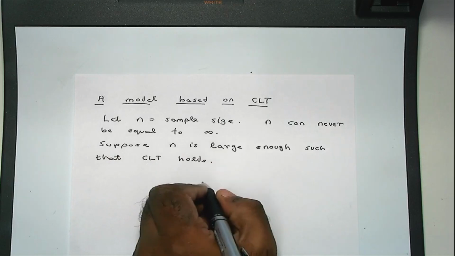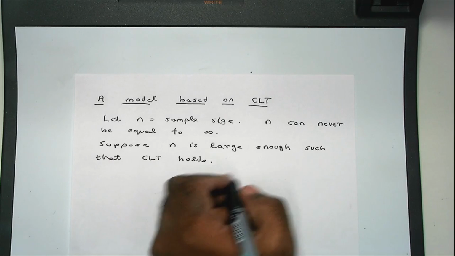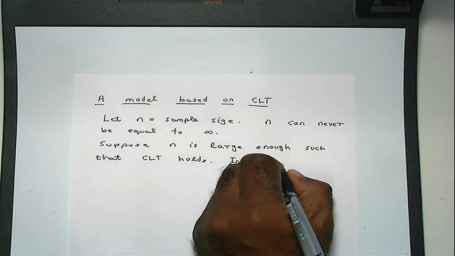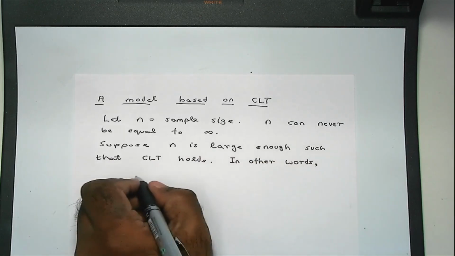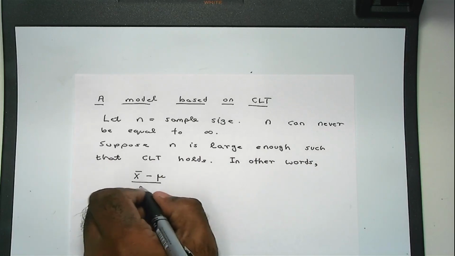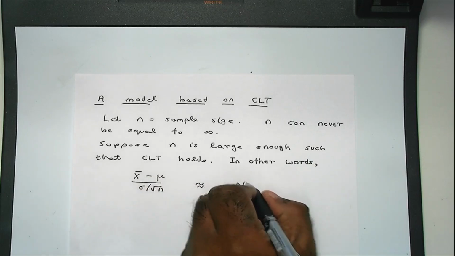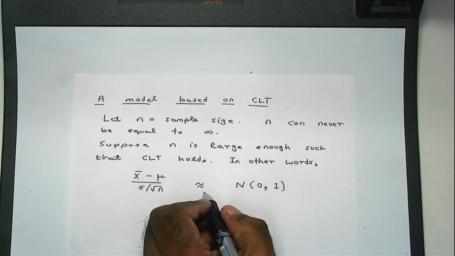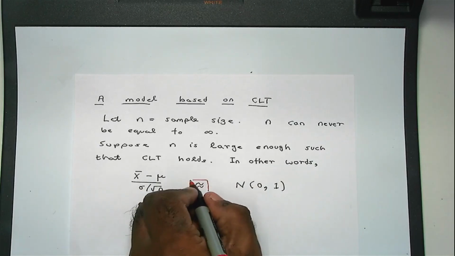Right, suppose n is large enough that the central limit theorem holds. In other words, the left hand side, which is this one, can be approximated by the right hand side, which is the standard normal. So whenever I use this notation, I mean approximation.